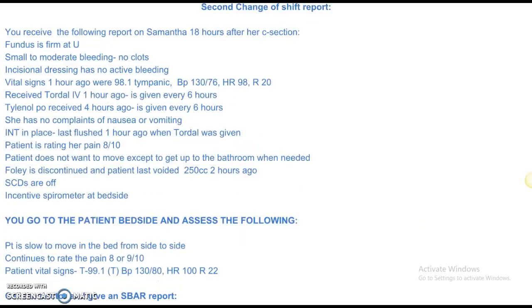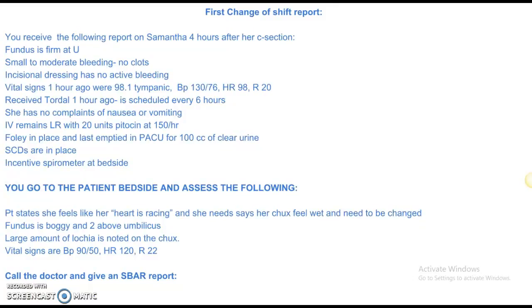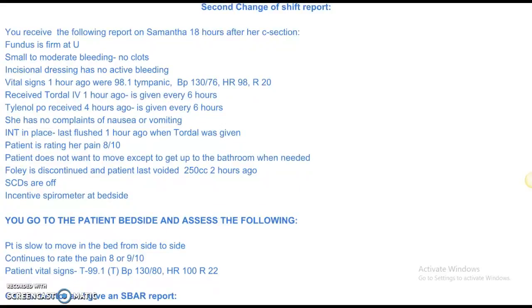And then I selected 2, and while the 2 students were doing the role playing of the first change of shift report, all the other students were taking notes and watching and critiquing what was done incorrectly and correctly during this role playing. And then we did a second change of shift report, and 2 additional students did the role playing based on the report that they were given.